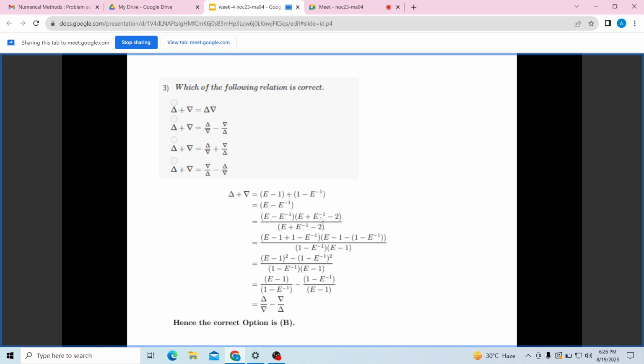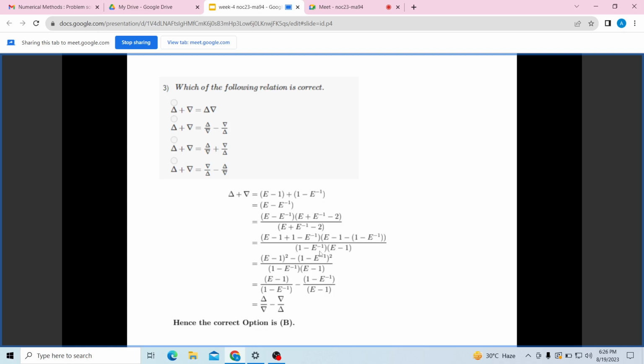Just to simplify this, because you have to get some of these terms, you have to do some adjustments. Now just add and subtract 1 in the first bracket, so you will get E minus 1 plus 1 minus E inverse, into, now here also you can write minus 2 as minus 1 and minus 1, so you will get E minus 1 minus of 1 minus E inverse, right?